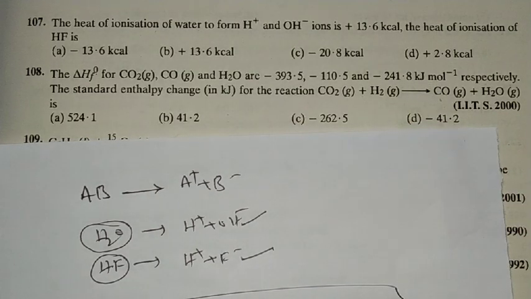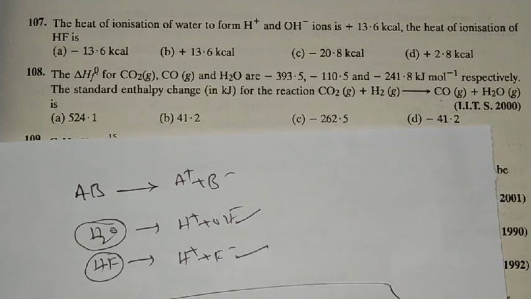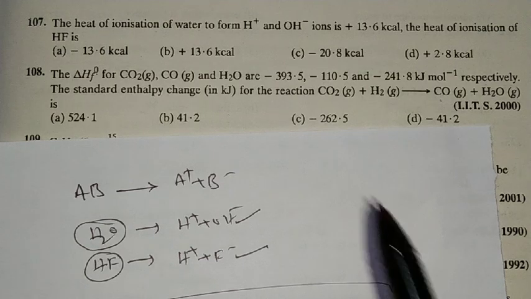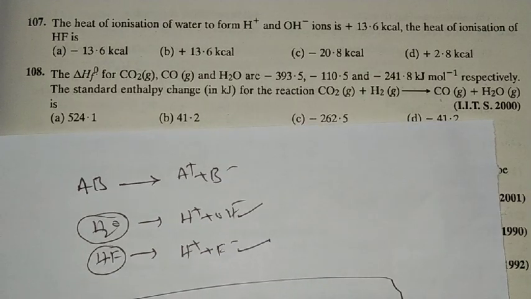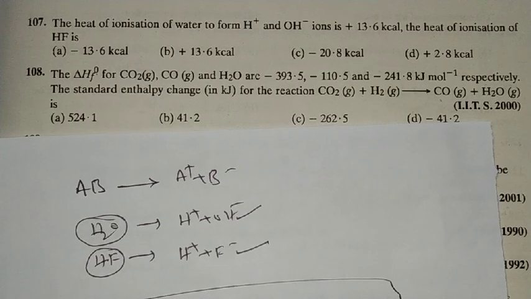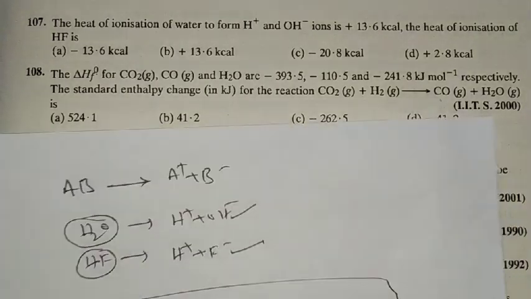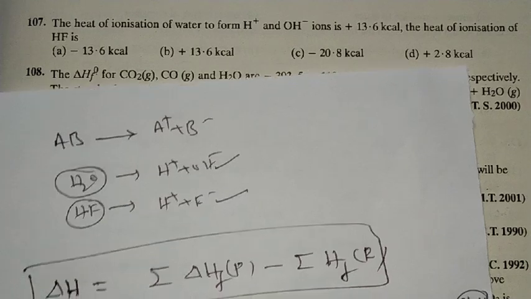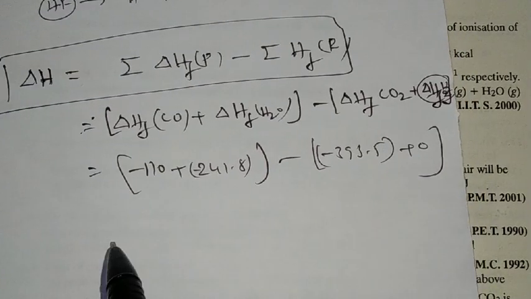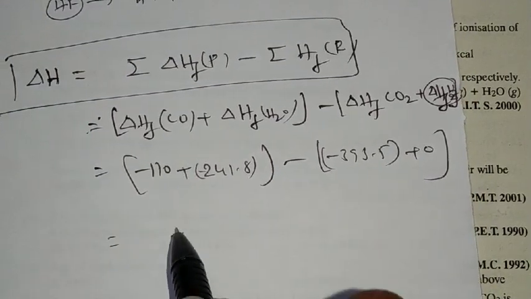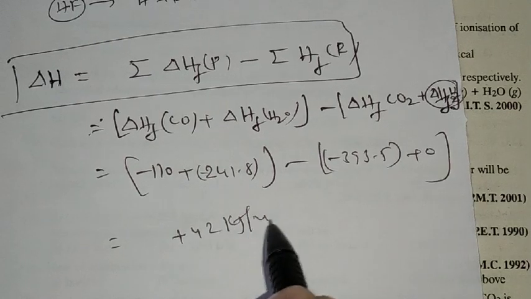Minus 241.8, minus delta HF of CO2, how much is it? Minus 393.5. Okay, plus delta HF of H2. This is the standard value, that means 0. Now if you simplify, you will get plus 42 kilojoule per mole.